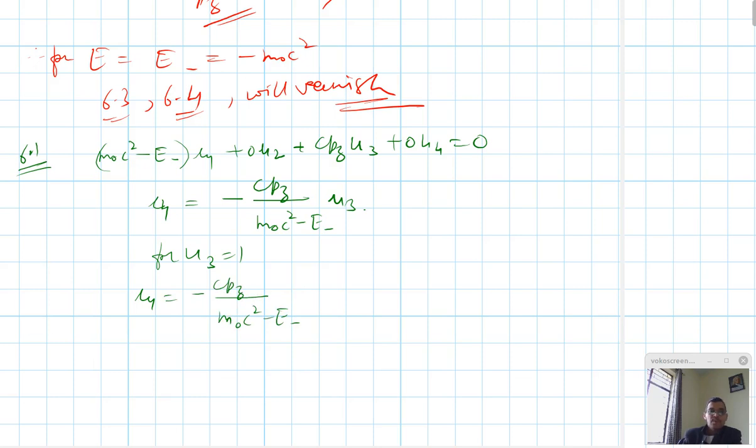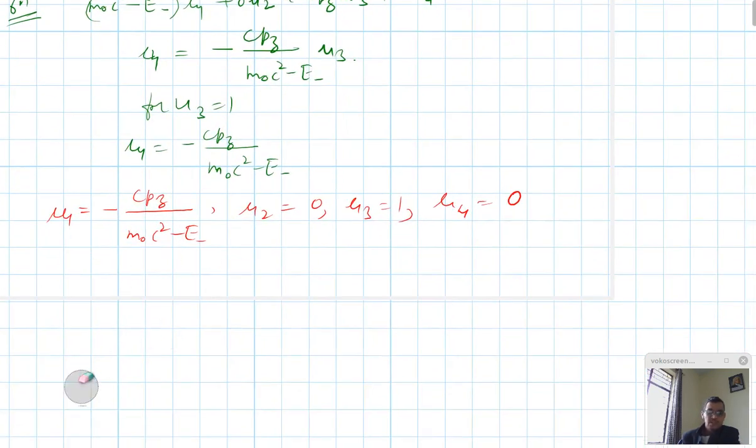So therefore u1 is equal to minus cpz over m₀c² minus E minus, u2 is equal to 0, u3 is equal to 1 and u4 is equal to 0. This is the arbitrary solution for 6.1. Now let me consider equation 6.2.